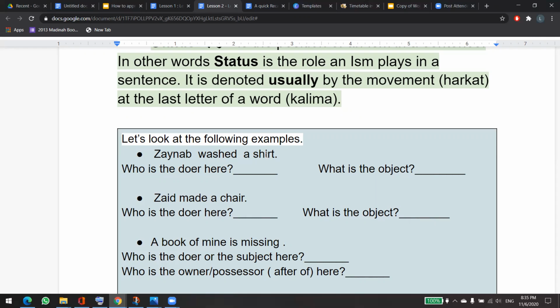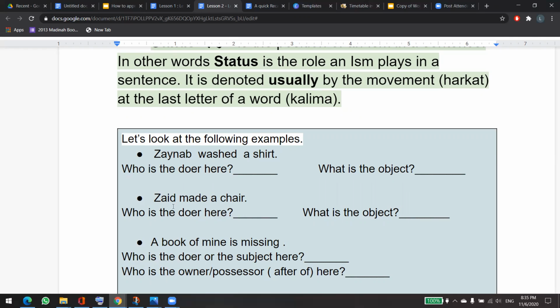Shirt is an ism and shirt is also the object. So what did she wash? She washed a shirt. So that's the detail about the action, or direct object.